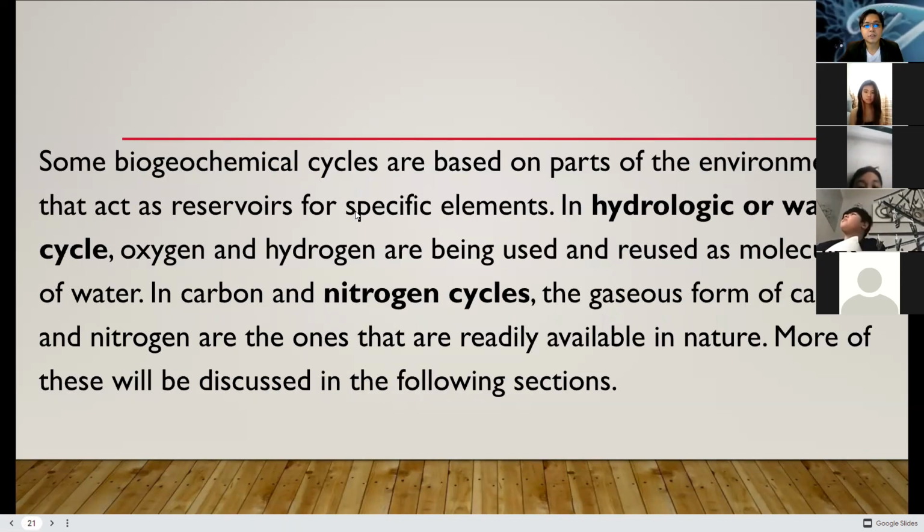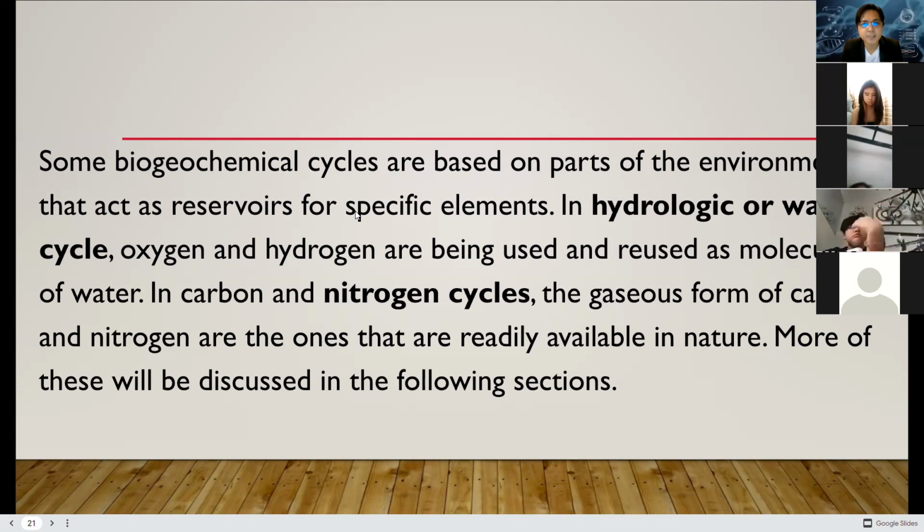Okay. Some biogeochemical cycles are based on parts of the environment that act as reservoirs for specific elements. In the hydrologic or water cycle, okay, this is the first. Oxygen and hydrogen are being used and reused as molecules of water. Take note that the water cycle is the master cycle.